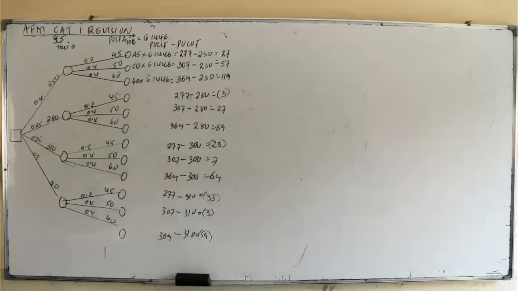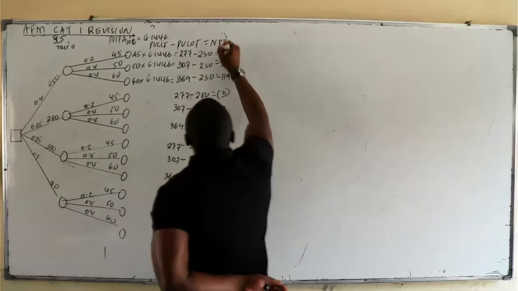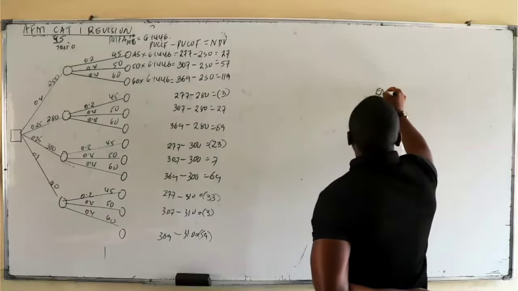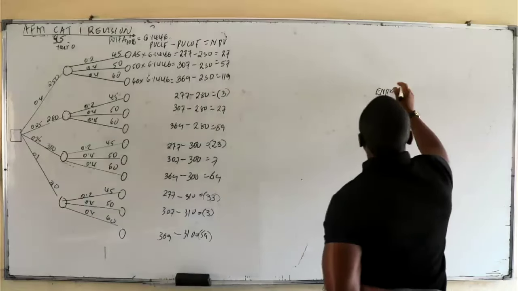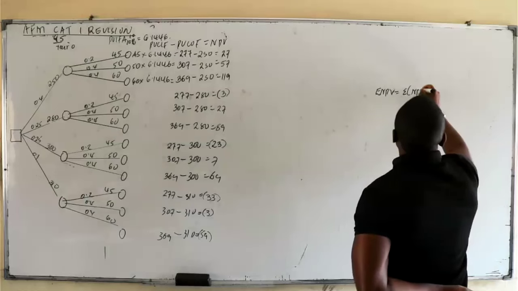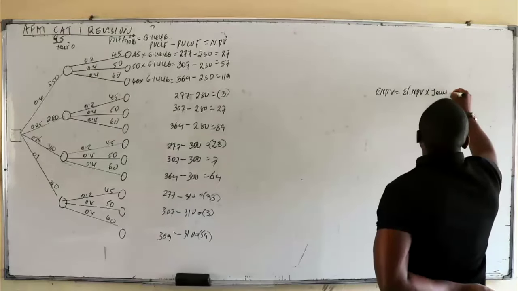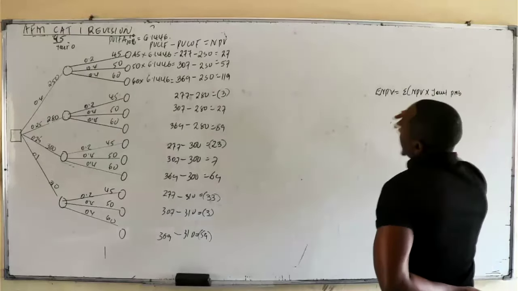Then what we need now is the expected NPV, because in this case, we have the probability. So this is how you get NPV. So how do we get expected NPV? To get expected NPV is a summation of NPVs times the probability of occurrence. In this case, we use what we call the joint probability.